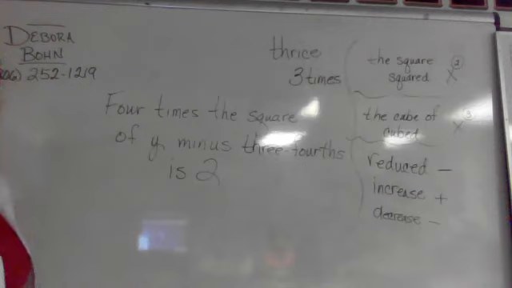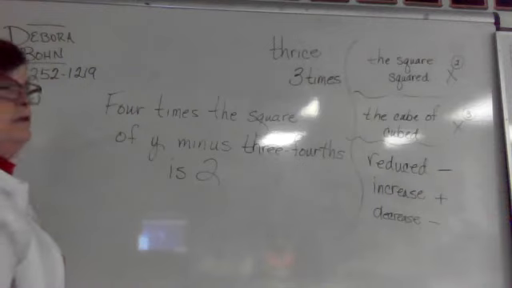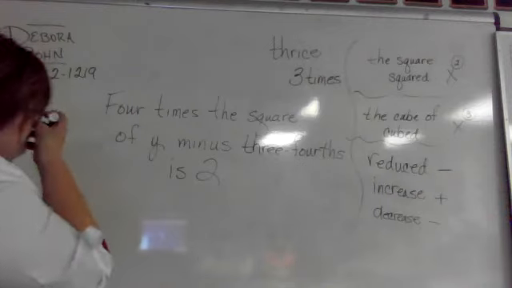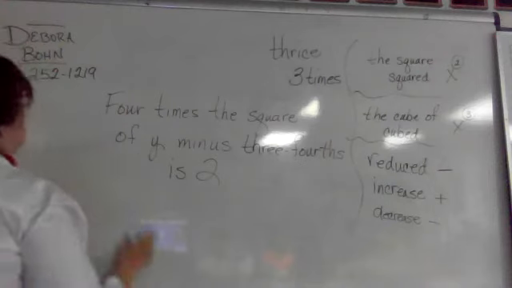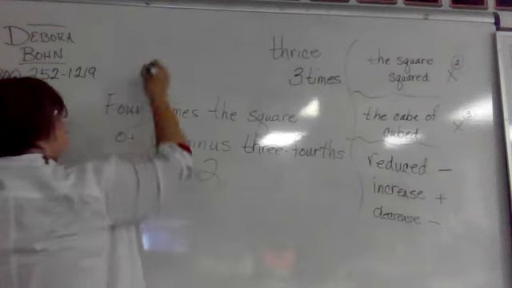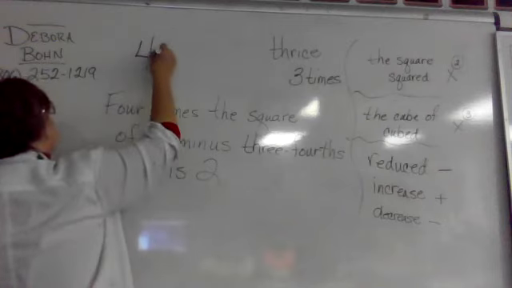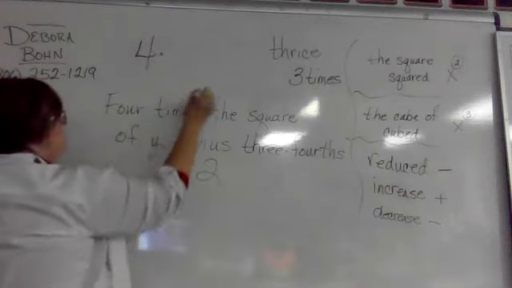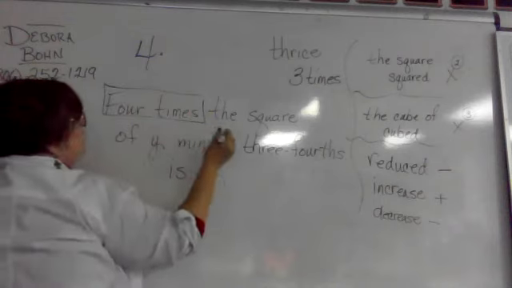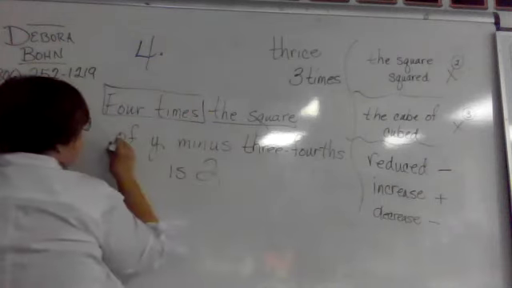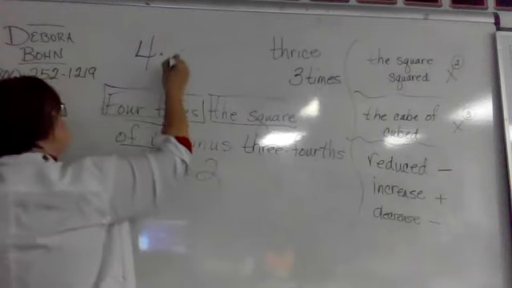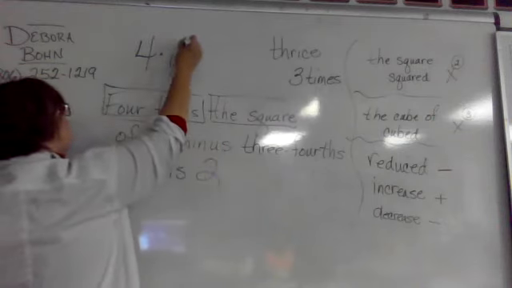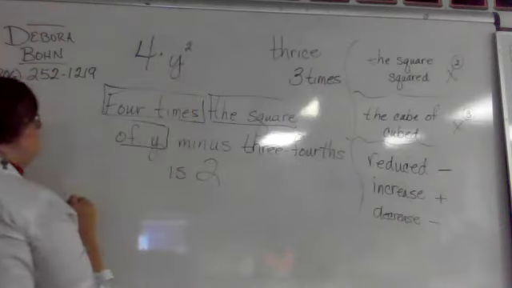So as soon as you write it down, let's just work it together. So would it be 4x? Okay, you're getting close. 4 times, right? Oh, 4 times. Now we need to write the square of y. How do we write that? Y and then the squared, right?